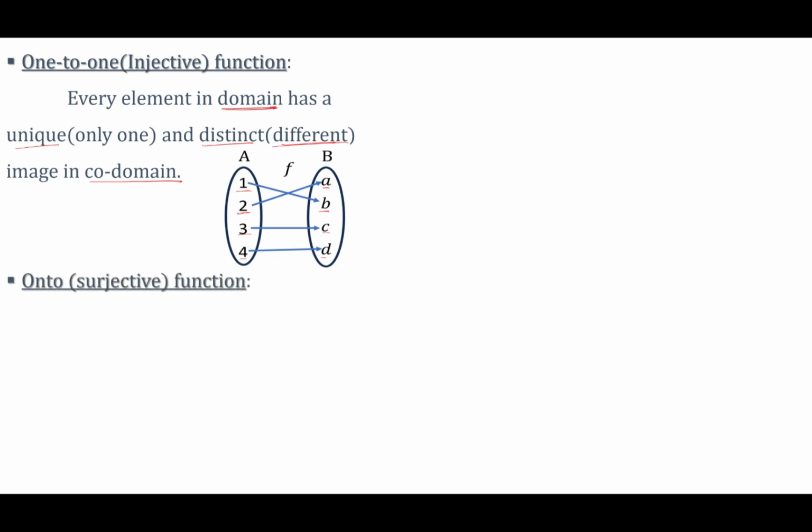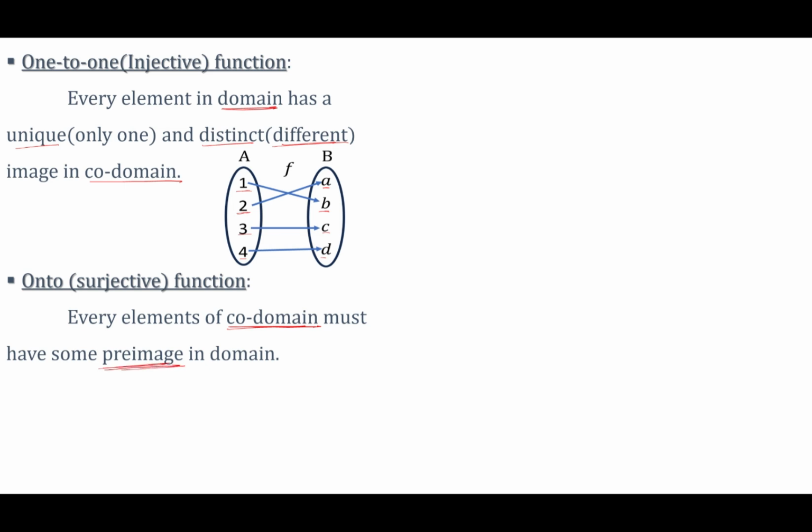What is an onto function? Surjective. In an onto function, you have to check the codomain. Every element of the codomain must have some pre-image. Some pre-image means it could be one or two or more in the domain. For example, you have to check set B. The element A of set B has one pre-image, 2.